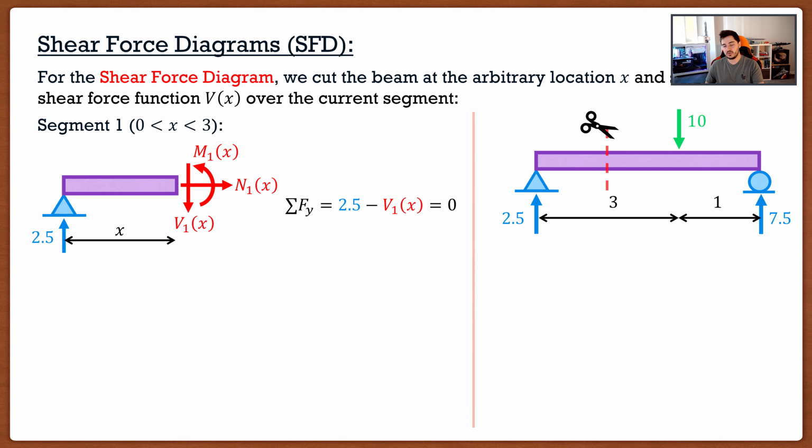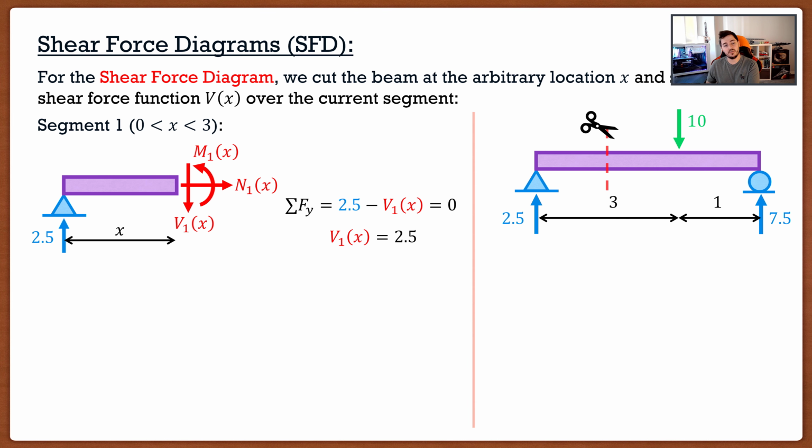Because remember, beam internal forces always have a very specific sign convention, and that applies here too. We always have shear going downwards if we're analyzing the left-hand side. So if I look at this, I have 1 equation, only 1 unknown. I can say that my V1 of x is simply 2.5. Nice and simple. Notice that that x dimension actually didn't play any sort of role in this particular scenario.